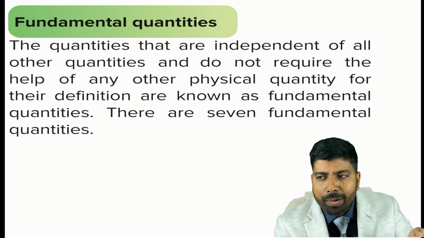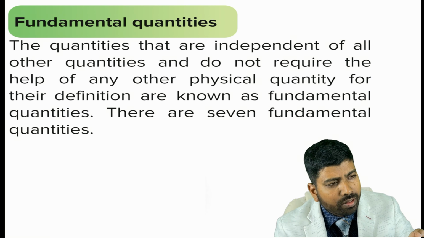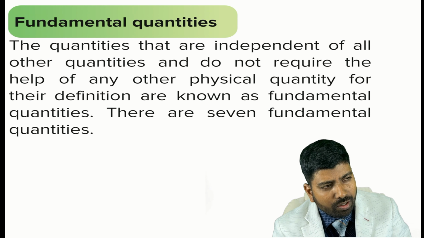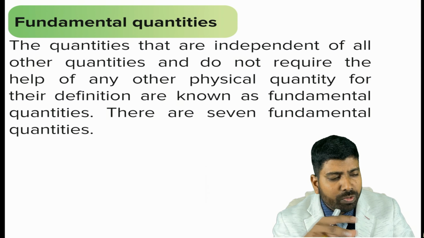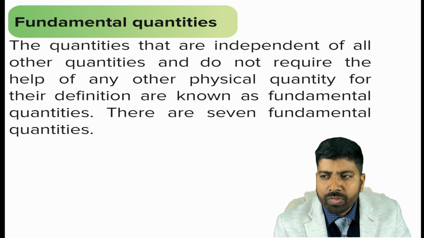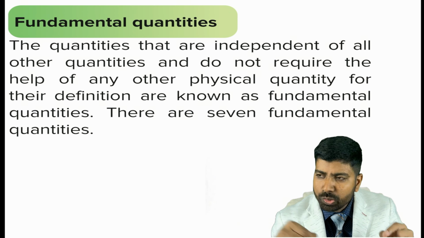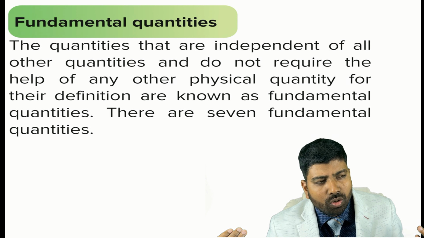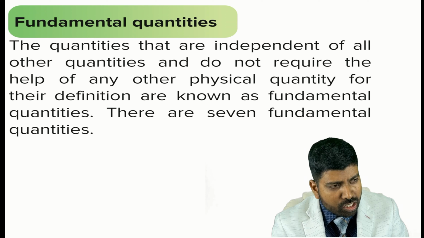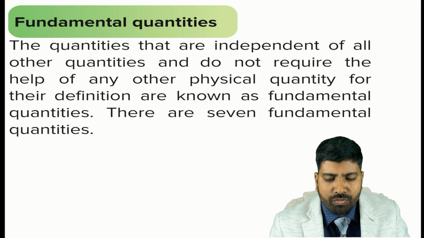After that you multiply the measured length and breadth, then you get the area. So we don't use any instrument directly to find out the area. Basically, for the fundamental quantities we can directly use the instrument and find out the measurement. That is called fundamental physical quantities.